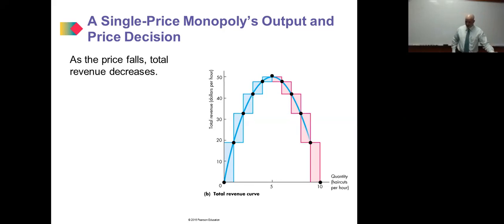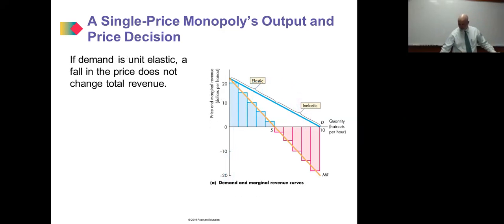Here's another way of observing. And here's this term, unit elastic. If demand is unit elastic, a fall in the price does not change total revenue.